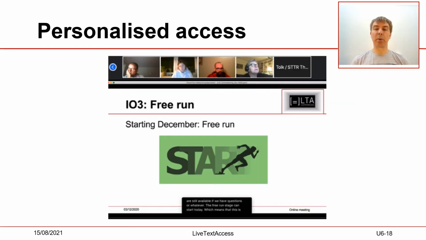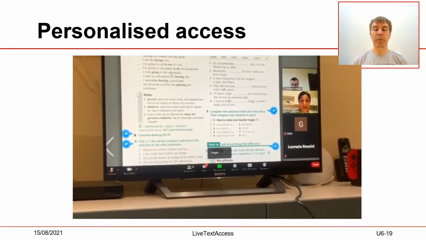This is an example of personal access to daily events. In this case, 2 hard of hearing participants attend the meeting thanks to a live transcript. This is another example of personalized everyday access to a daily event. In this case, an Italian deaf student is attending an English class.